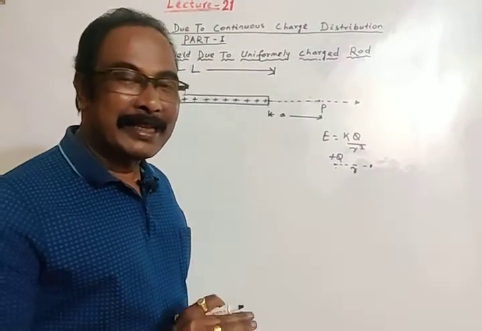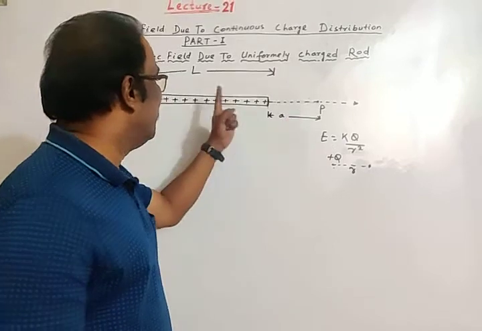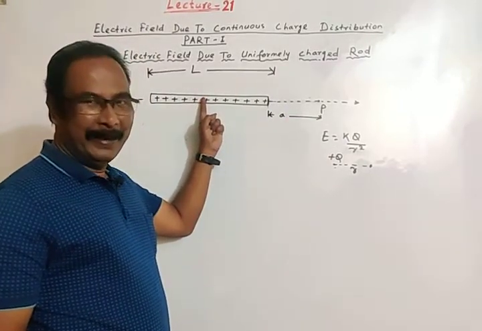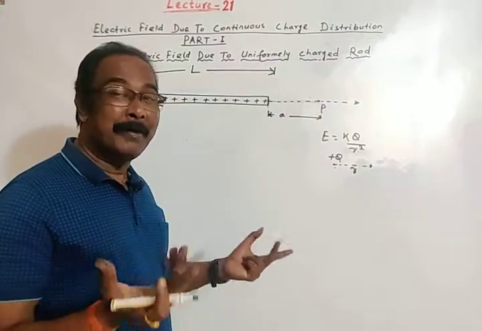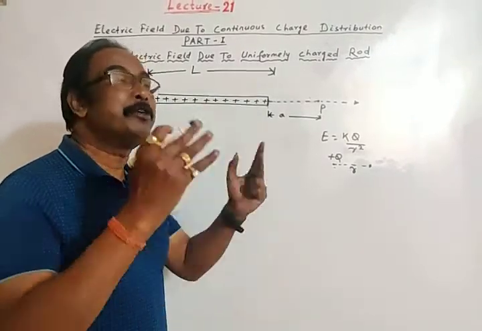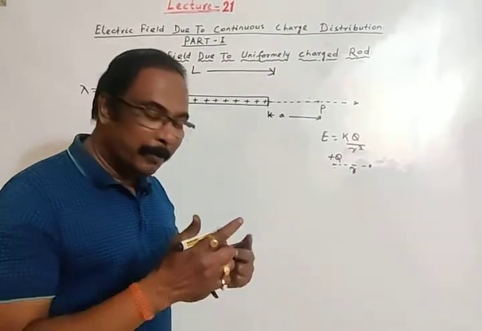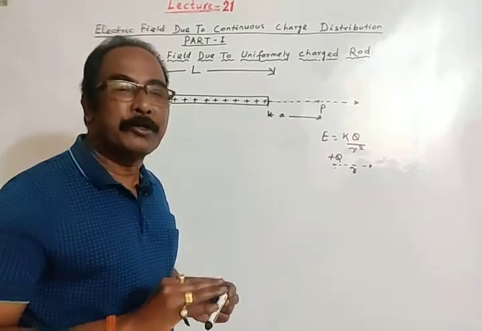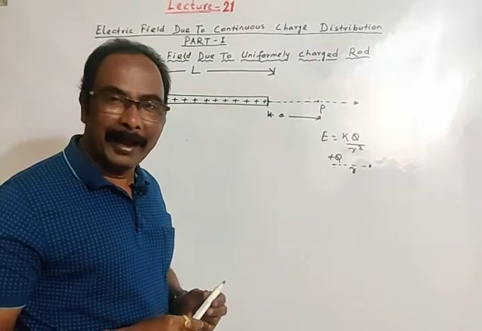So we can't assume total charge Q is concentrated at the center of the rod, as in the center of mass. For a uniform body, the whole mass is assumed to be concentrated at the center of the body. We can't take it like that.